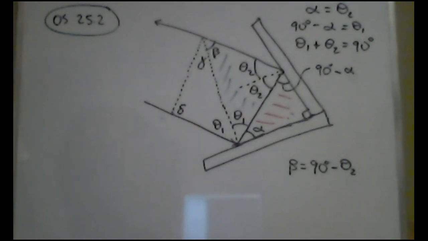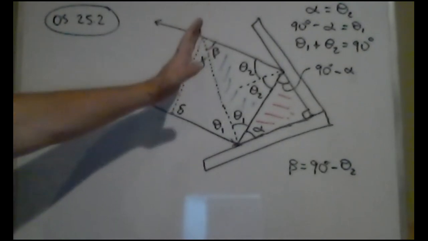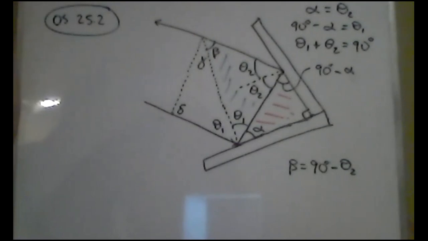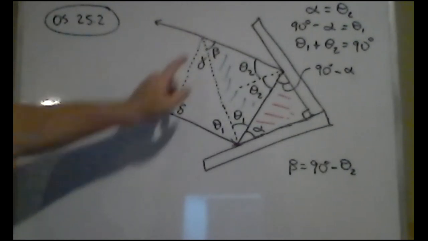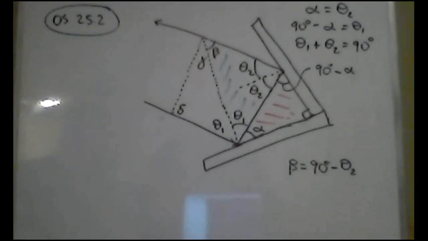Okay, and so first of all, how do I determine gamma? Well, I'm drawing this line down here with the understanding that beta plus gamma equals 90 degrees. I'm making that statement right now.